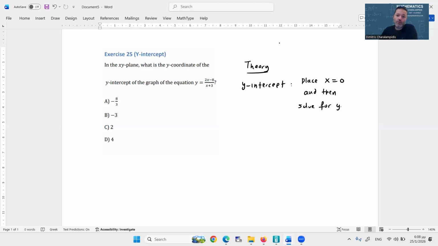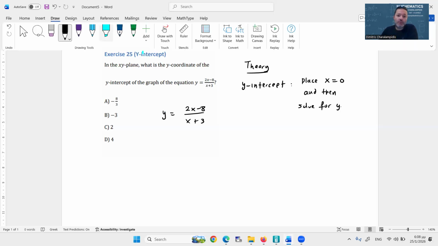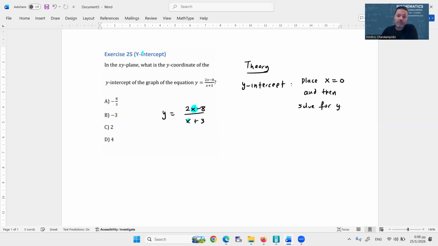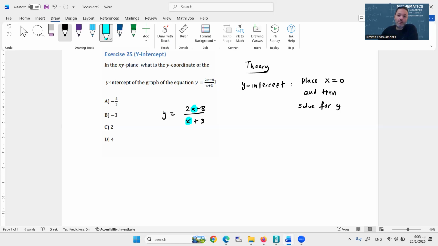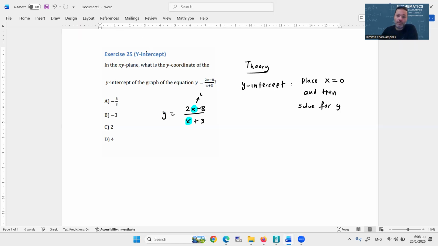So I'm going to go to the given equation, (2x minus 8) over (x plus 3), and like I said, I'm going to put the number 0 instead of x. That will become (2 times 0 minus 8) over (0 plus 3), and from here we will solve for y.